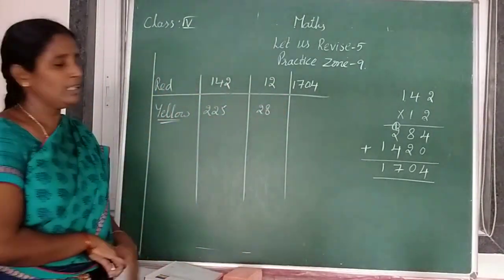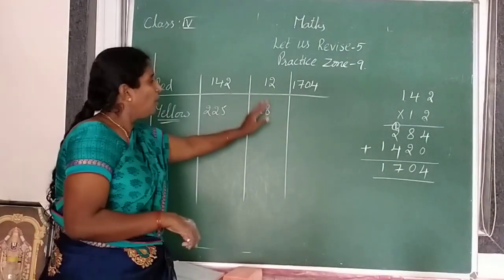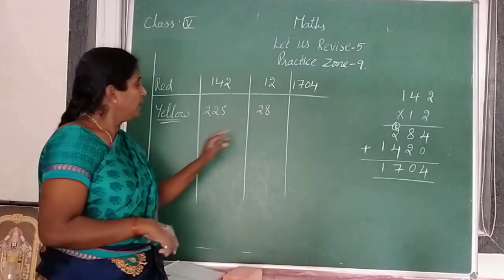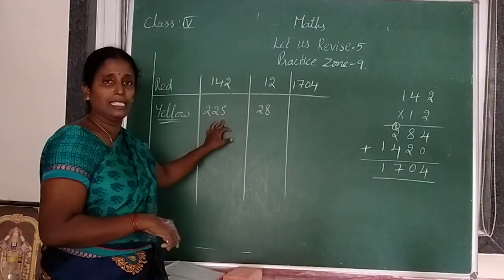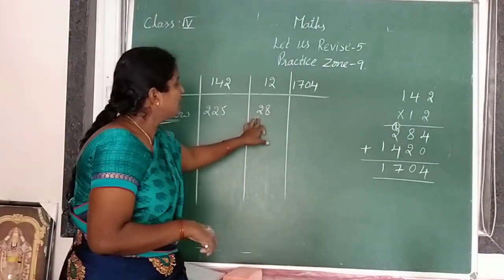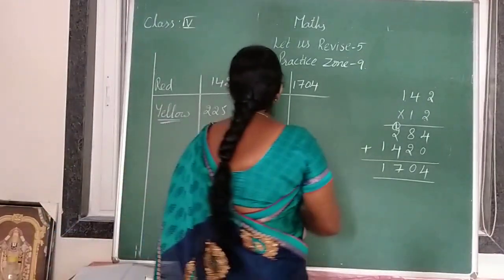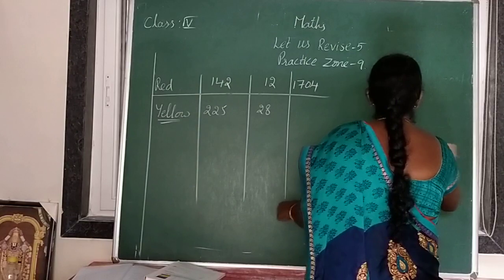Now we have to find how many pencils are there in 28 boxes. So for that, do the multiplication.